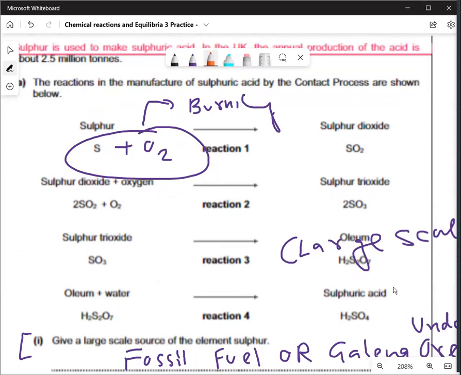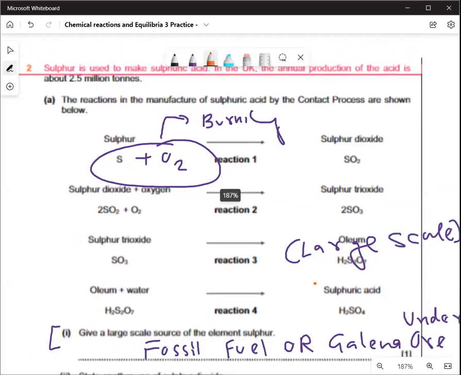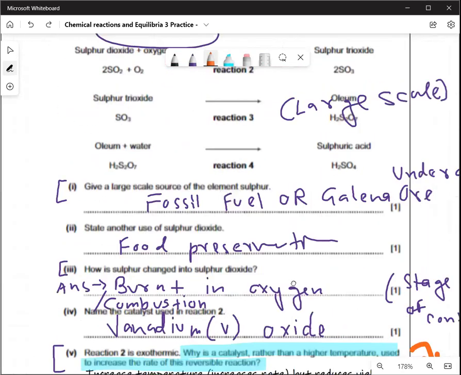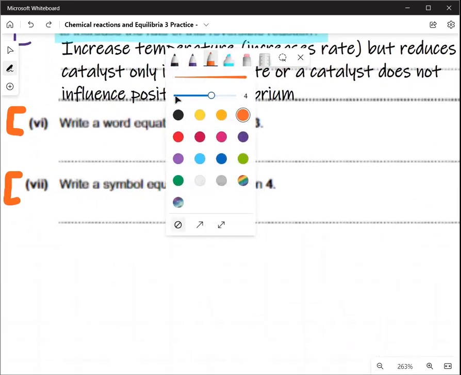So how will we write the word equation here? Tell me the chemical equation first. The chemical equation will be SO3 plus H2SO4 gives H2S2O7. So, okay, what is the name of SO3? Sulfur. Not sulfur, no. SO3. Sulfur trioxide, yeah? Let's write it down.